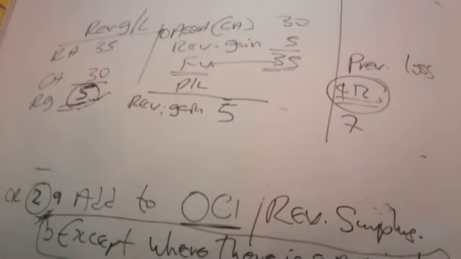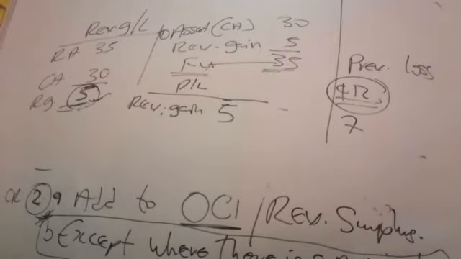Subsequently, if there's any revaluation gain again the following year, then we have to offset the 7 from there in that order. Good. So that's the end of the treatment of the revaluation gain.